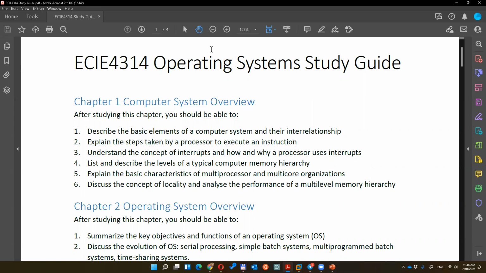And then list and describe the levels of a typical memory hierarchy. The memory closer to the CPU is faster, smaller, but more expensive.